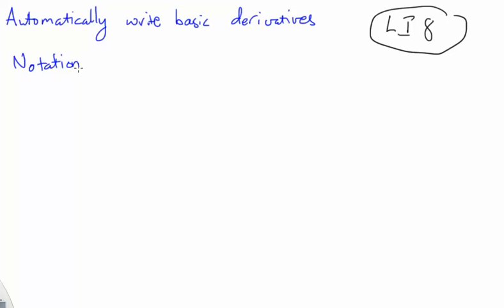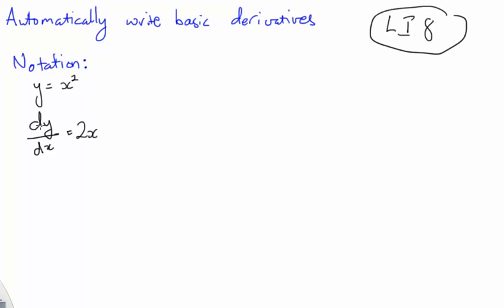Notation is how we write these things. So you'll remember from last year what a derivative looks like. If I have the function y equals x squared, the derivative of that can be denoted dy dx, and the derivative of x squared is 2x.